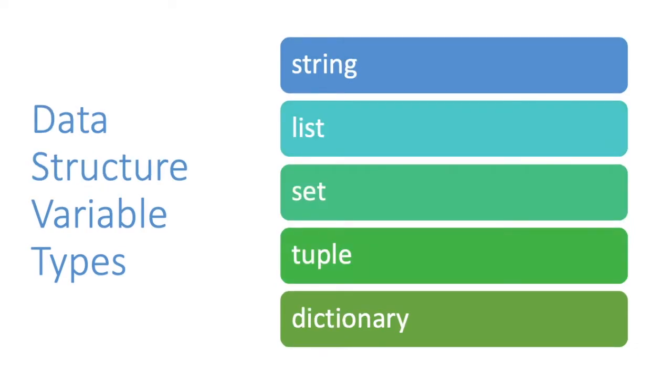Now, the second types of variables that I like to discuss are what I like to call data structure variable types. If we go back to our food analogy, if basic variable types are like our peanut butter, our data structure variable types are like our pizza box, where our pizza has multiple toppings and multiple foods on it.